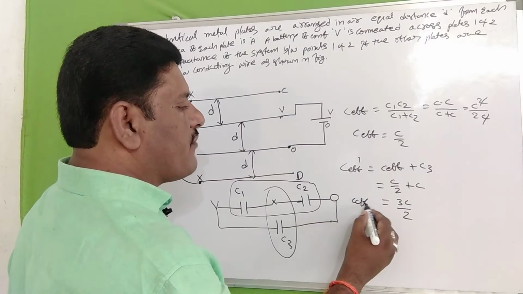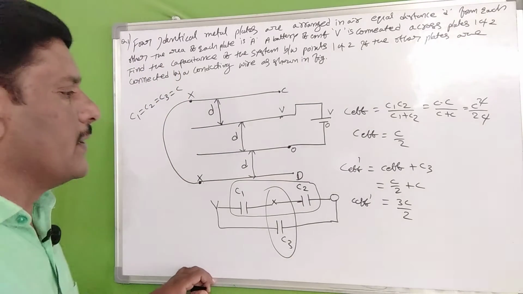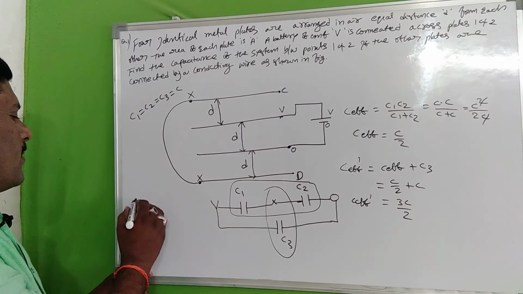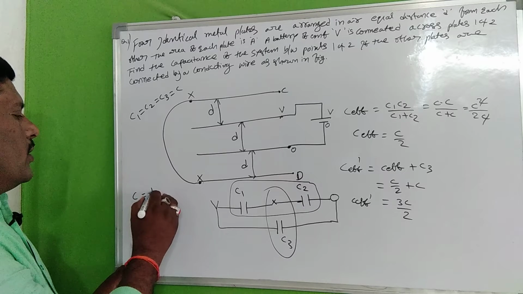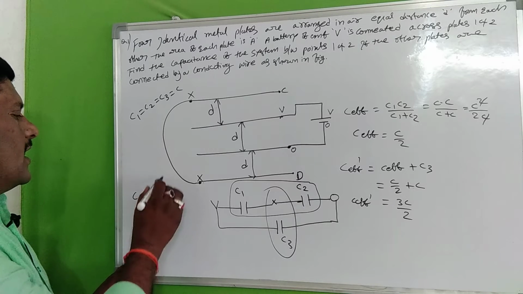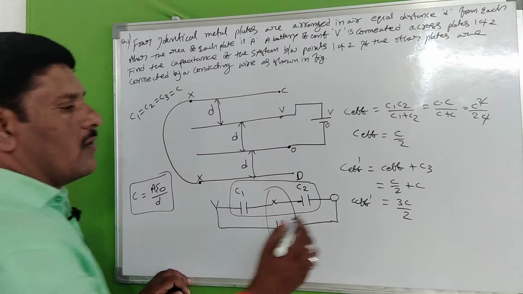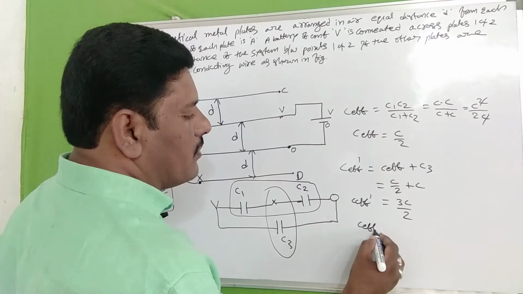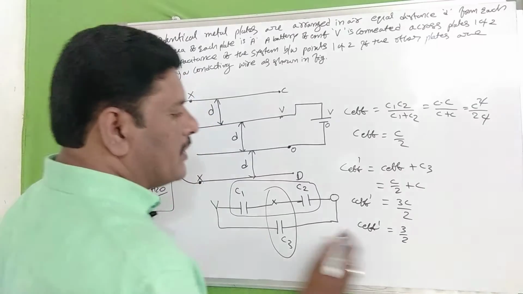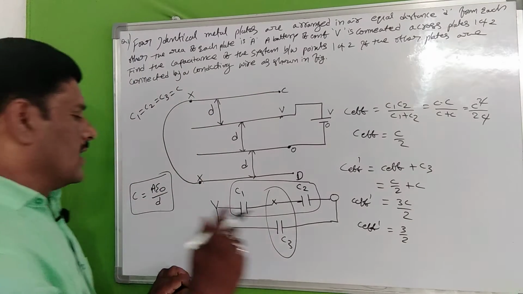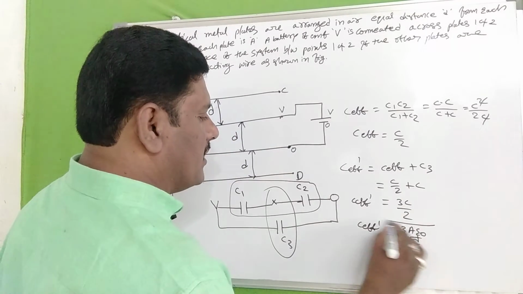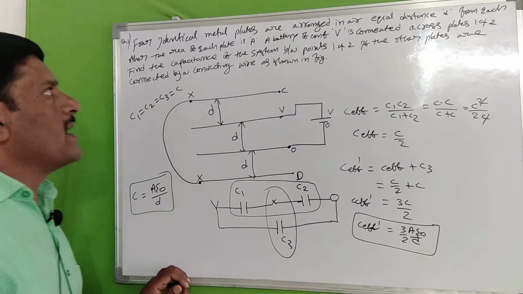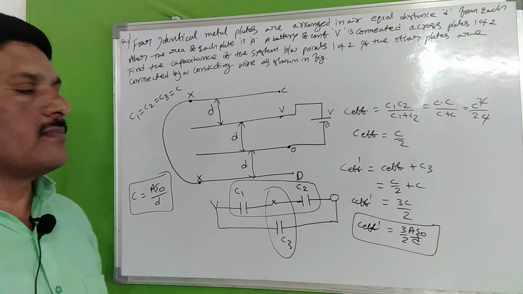We know that for parallel plates C equals A epsilon naught by d. So C effective dash equals 3 by 2 into A epsilon naught by d. This is the capacitance of the given system.